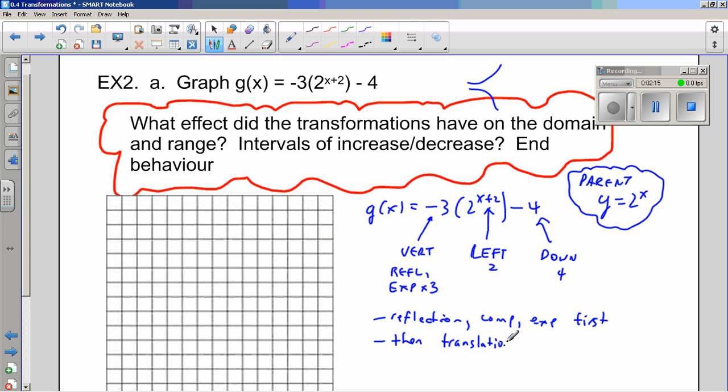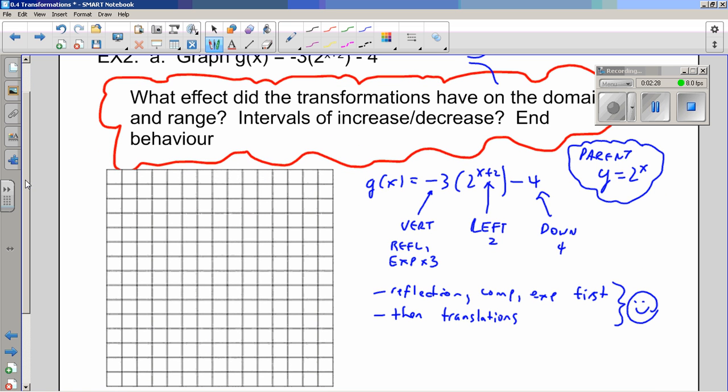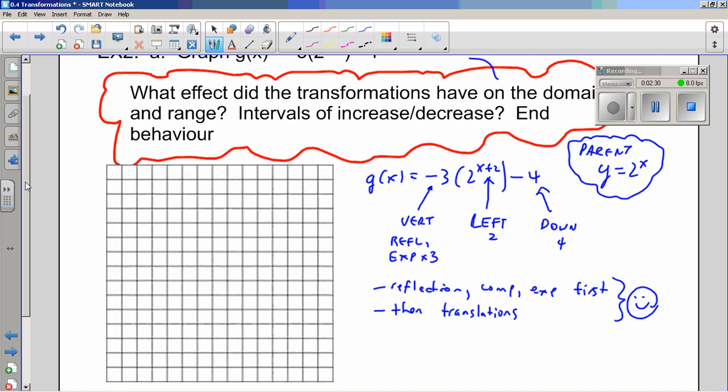As we'll see, not always. This is something that you're going to investigate with homework tonight, is this idea, do I always do the reflections, compressions, and expansions first? All right, well, let's get into the graph.